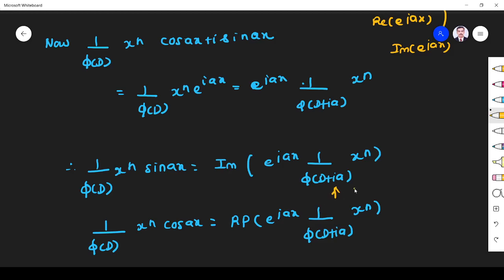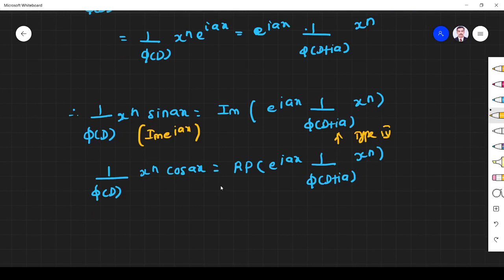It is coming from type 4. So this is nothing but the imaginary part of 1 by f of D of x power n into e power iax. Since it is x power n e power iax format, e power iax I can take outside by replacing D by D plus ia. That's what I did here. So now it becomes type 4.